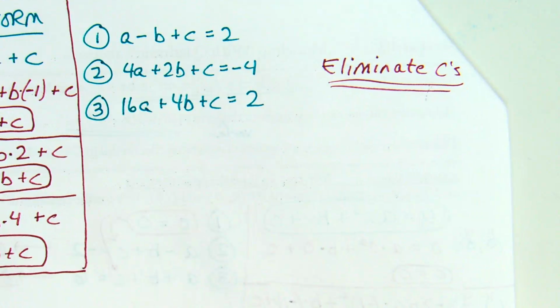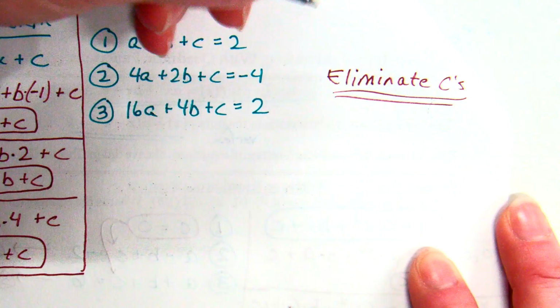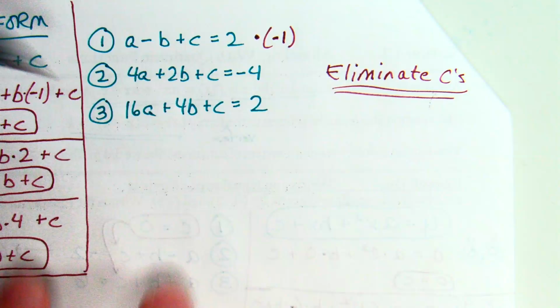Now, I would pick one of these, multiply by -1, and use it both times. Honestly, I think I'm going to multiply the top equation by -1. And here's my reasoning. Because my other 2 equations have bigger A and B values, and so it might set me up a little bit better there.